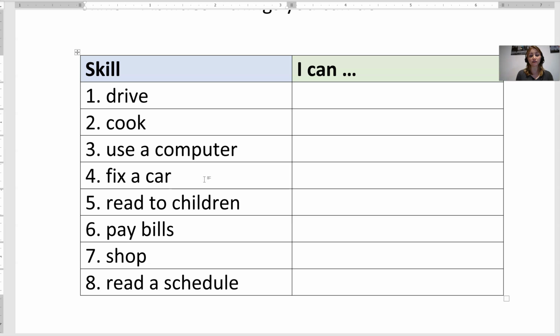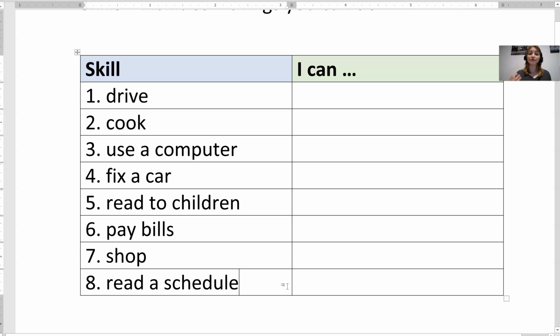Number 5, read to children. Number 6, pay bills. 7, shop. And 8, read a schedule. Okay, so these are all examples.